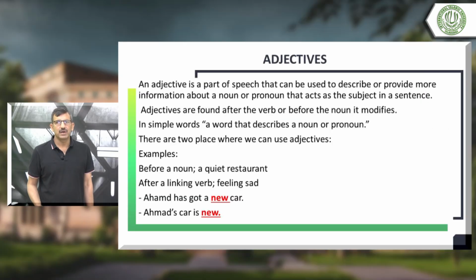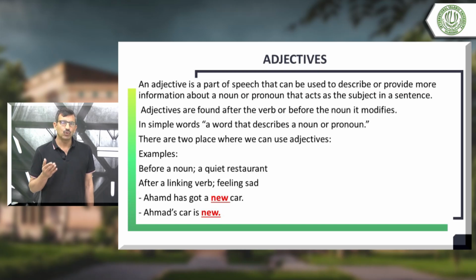An adjective is a part of speech that can be used to describe or provide more information about a noun or a pronoun that acts as the subject in a sentence. For example, he is a boy. Boy is a noun. He is an intelligent boy.